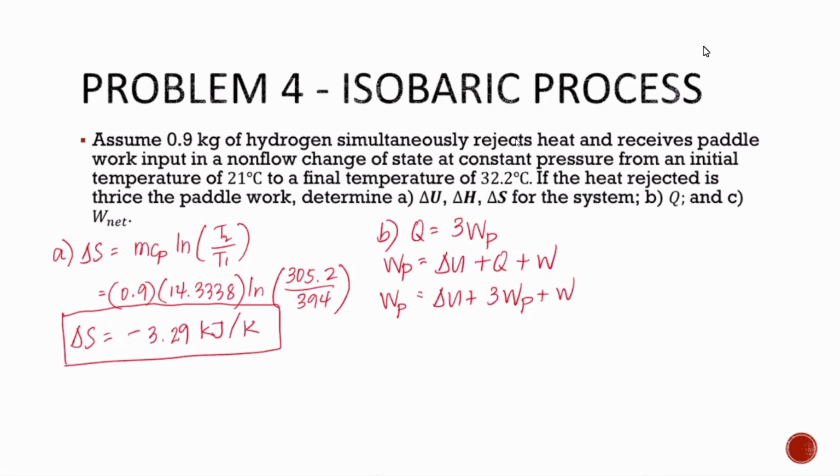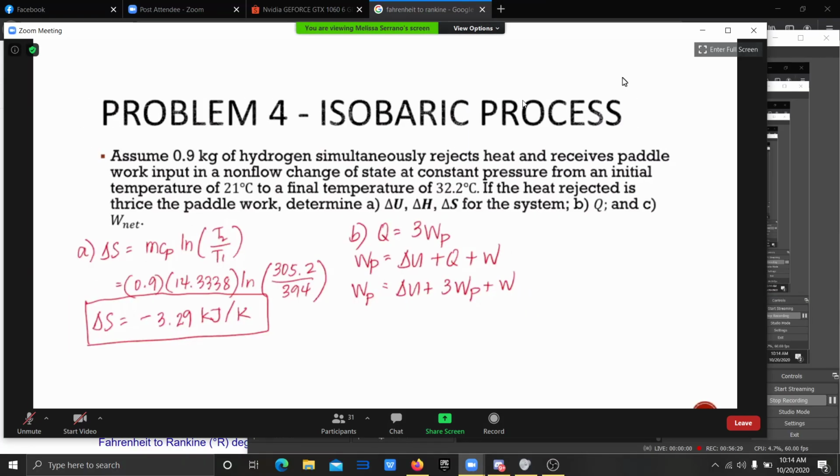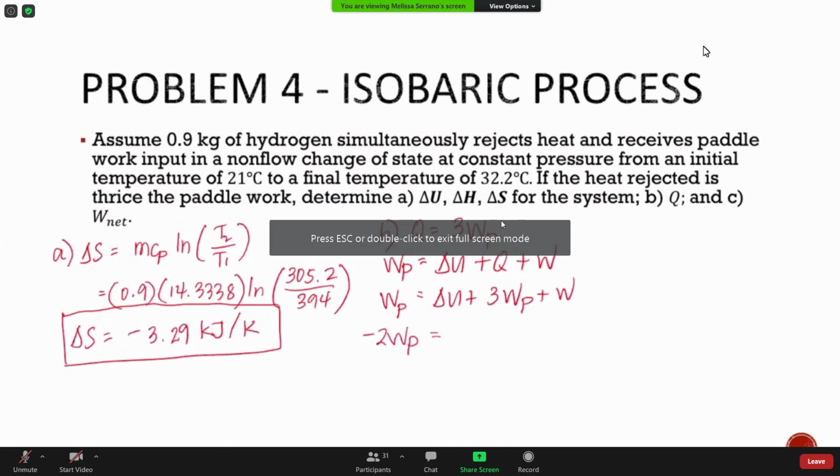O, pagsasamahin natin, ano, WP, saka yung 3WP. Okay, pwedeng lipat natin sa kabila since siya naman ang hinahanap natin. So, we have WP minus 3WP. We have negative 2 WP.